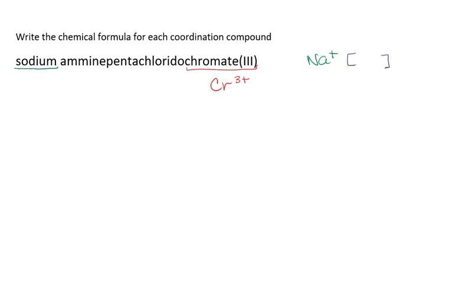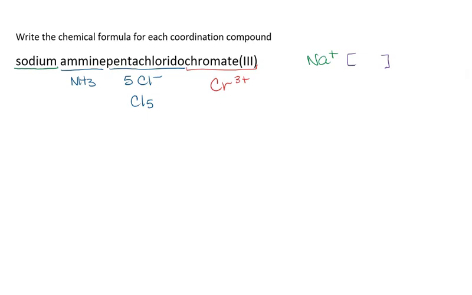Figuring out what the ligands are, I have ammine, only one of them, looks like that, and then I have a pentachlorido. So I have 5 chlorides. And when I write those within the complex, it will look like Cl5.